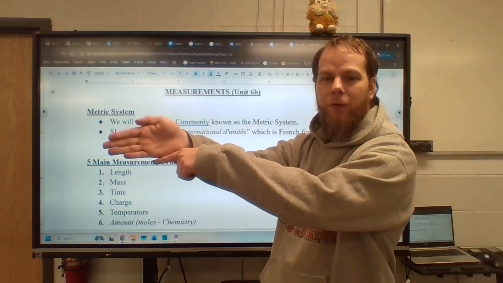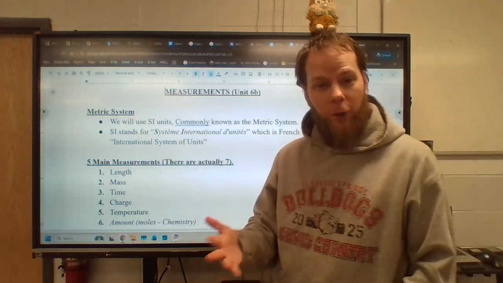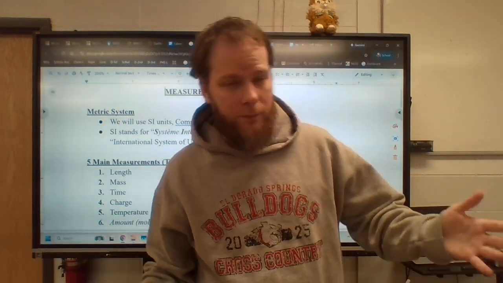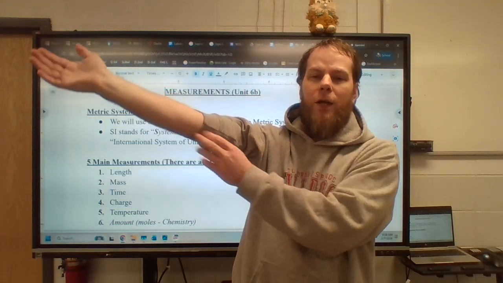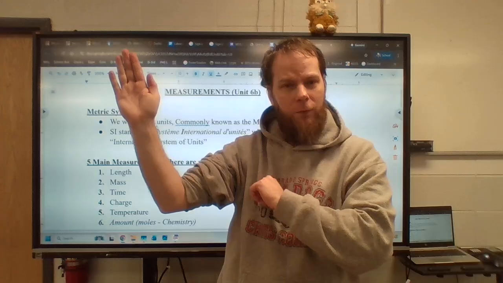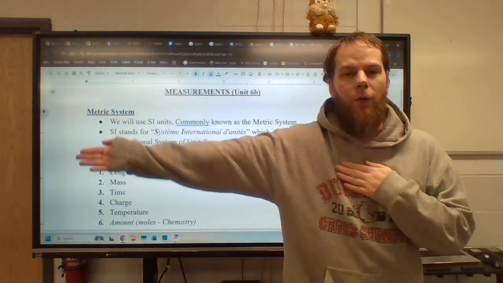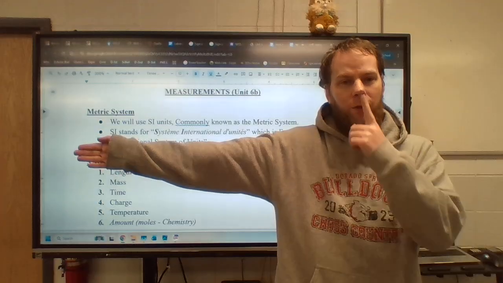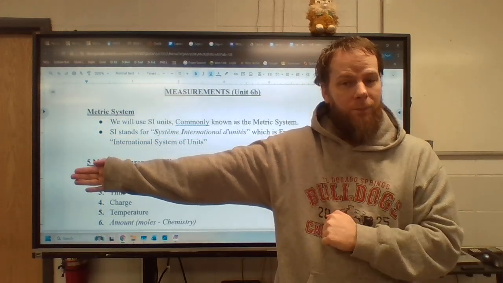Hand was the distance from the bottom to the top when you held your hand like this. A foot was literally the length of your foot. A cubit was the length of your forearm from your elbow to the tips of your fingers. And then a yard was the distance from the tip of your outstretched fingers to the tip of your nose, provided you were looking straight ahead.